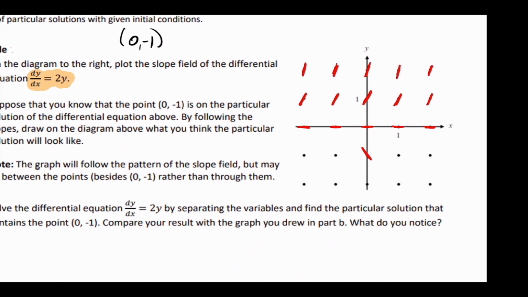That's 1, 1. A little steeper than that. Okay, move over 1. 1, negative 1. It's going to have the same slope. Plug in negative 1, you get negative 2. Anywhere y is equal to negative 1, you're going to have a slope of negative 2.